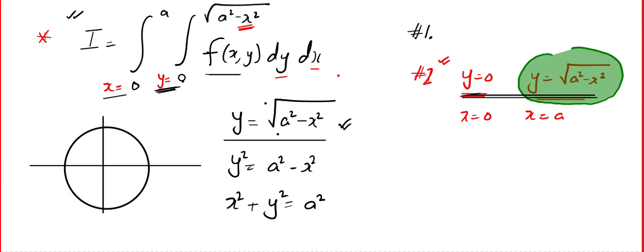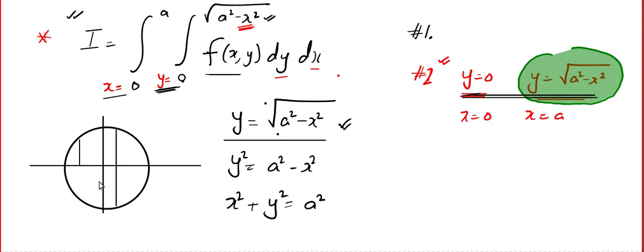The inner limit belongs to y, or let's think like this, the limit which contains the variable. The outer limit doesn't contain any variable. Look, they are constants. The limit which contains the variable is y. That means the strip will be parallel to the y-axis. Now parallel to the y-axis means we have a lot of possibilities. It can be here, or it can be here, or it can be below the y-axis.